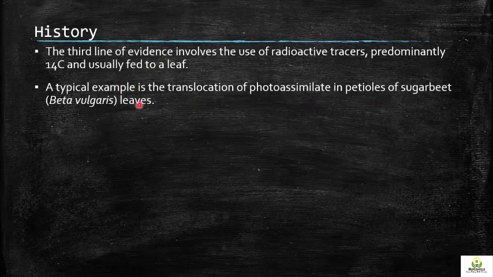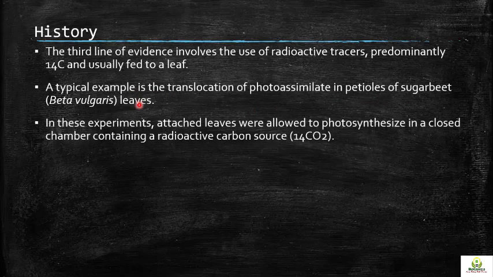This experiment was carried out in Beta vulgaris, using attached leaves which were able to photosynthesize. They were allowed to fix carbon in a closed chamber where the only carbon source was CO2-14.